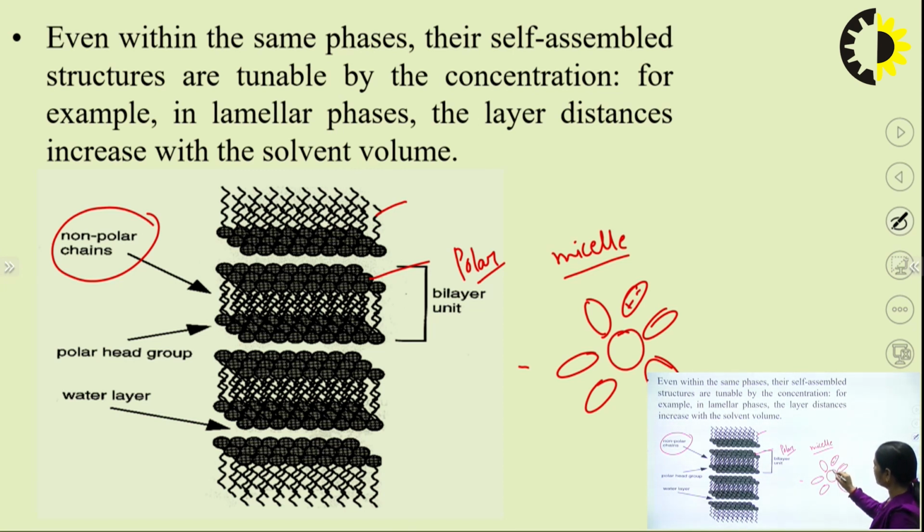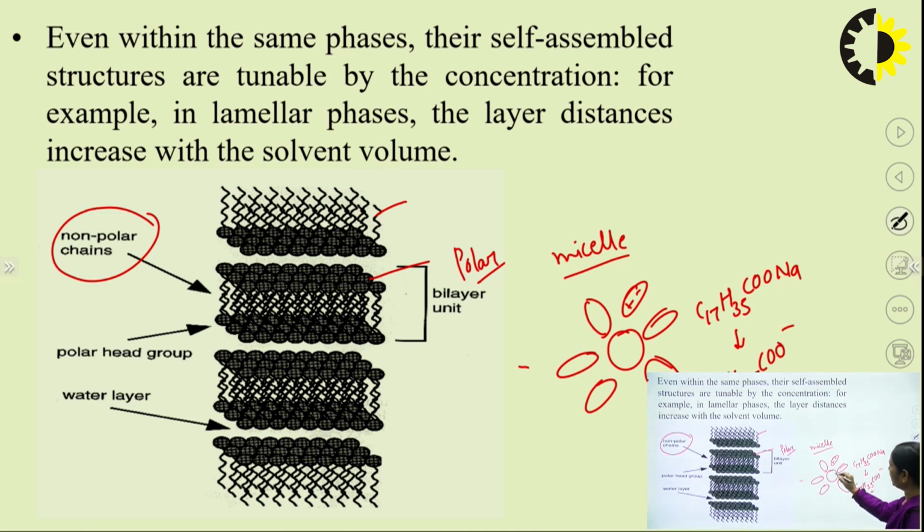So here is an organic molecule which has a negative end, like a soap molecule C17H35COONa. This molecule is dissociated into two parts, C17H35COO negative and Na positive.